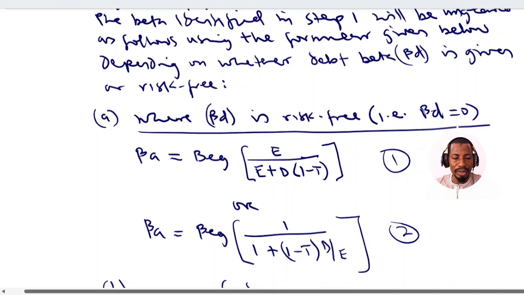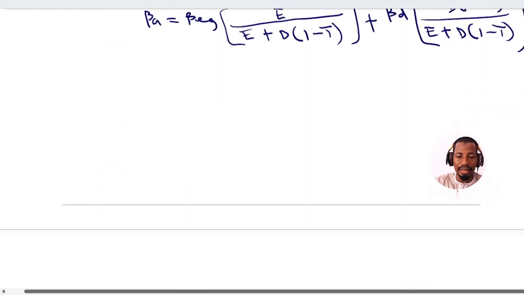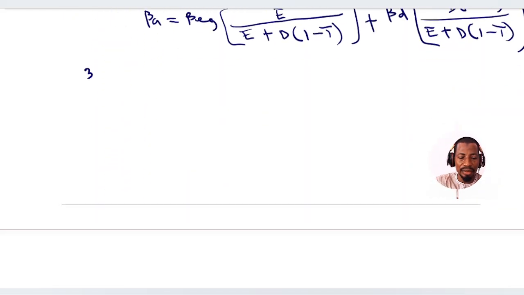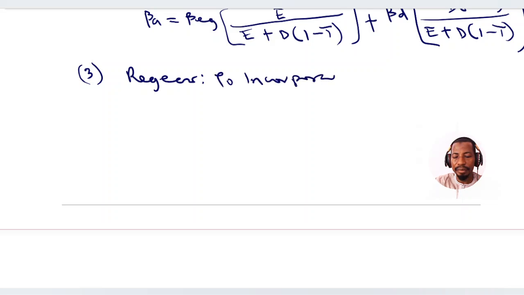Then we move to step 3. Step 3 says you should regear. Step 3, regear. You regear to incorporate the financial risk of the main company.